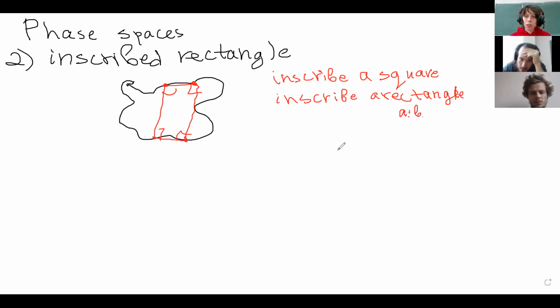But these results are quite hard to prove, and it's easier to prove that you can just inscribe some rectangle. So let's see how it goes.